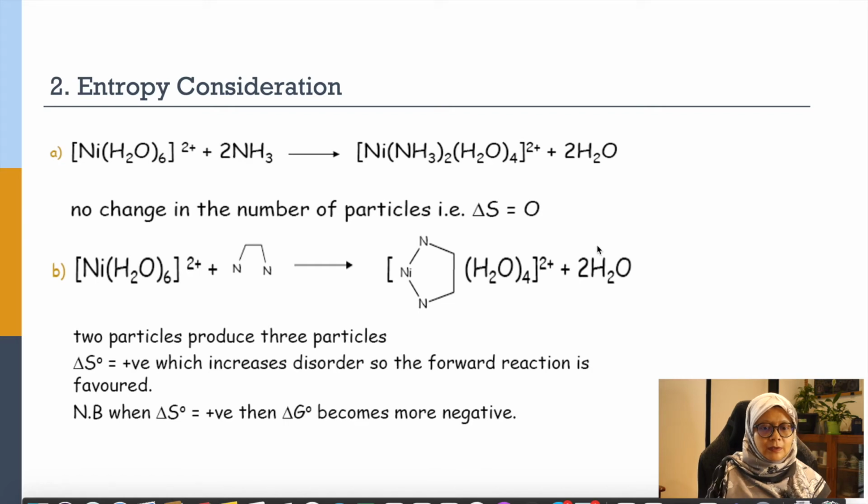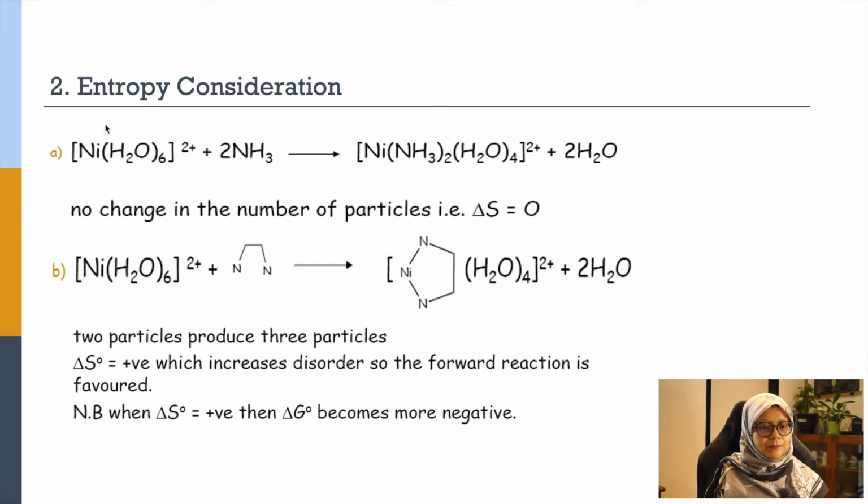Here, this is one compound. This is 2 ligands, and this reaction between this nickel and 2 ammonia will produce 1 metal complex and also 2 H2O.